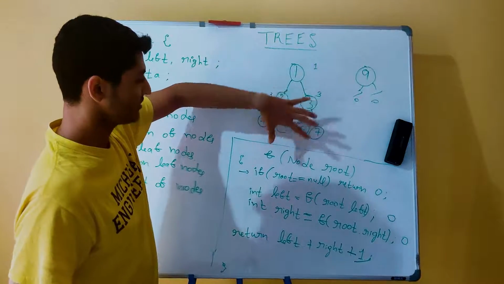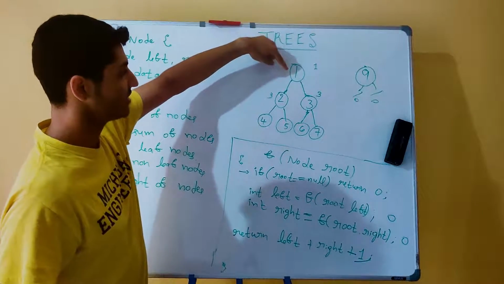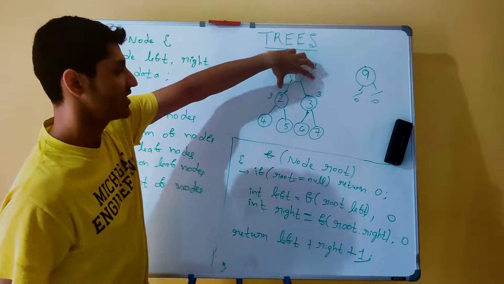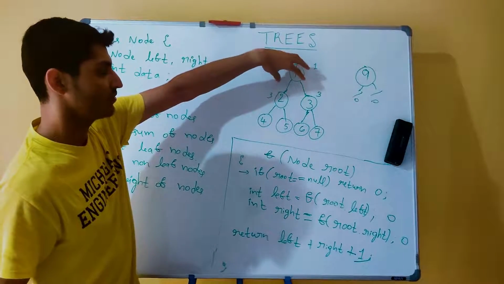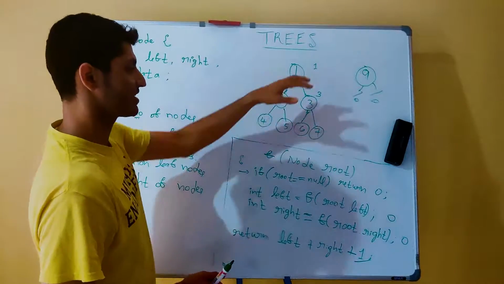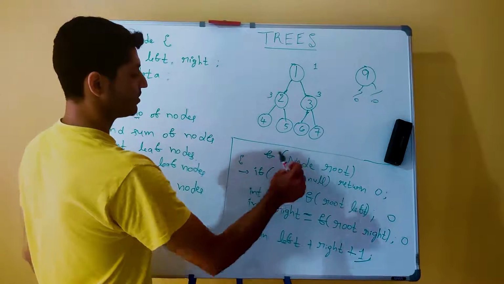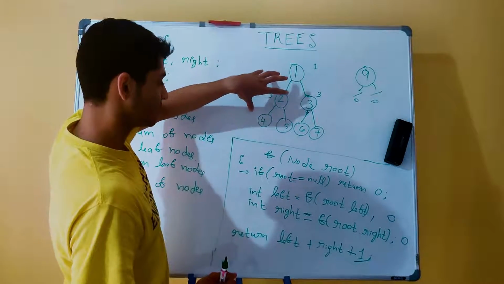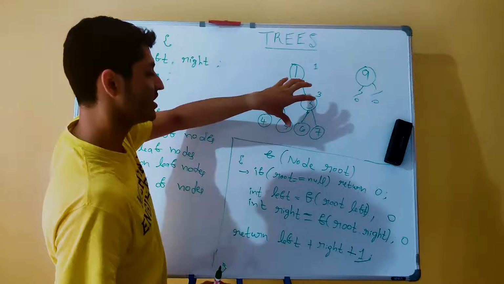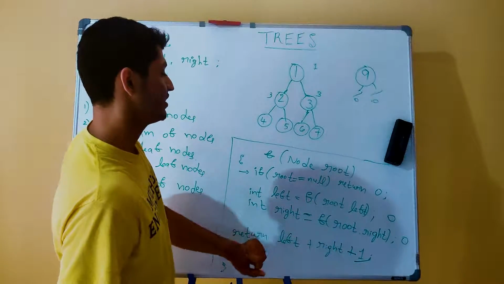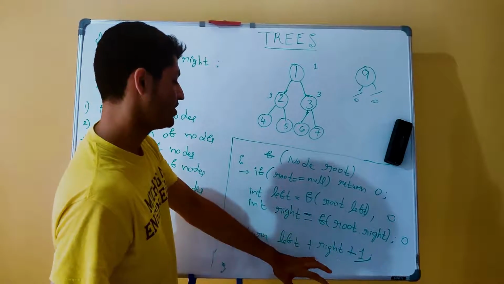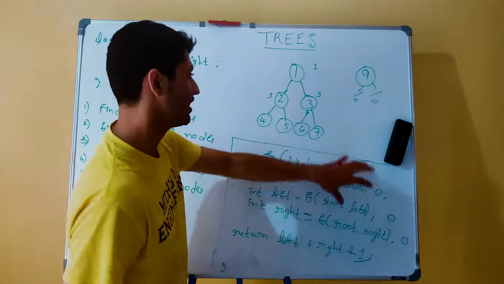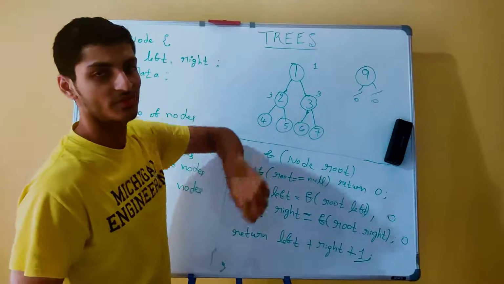Similarly, given this bigger tree, consider that you send this node, that is 1, to your function to find the number of nodes. Now what you will do is store the result of the left subtree and also the right subtree, and you will add those results and add 1 because the current node is also included.